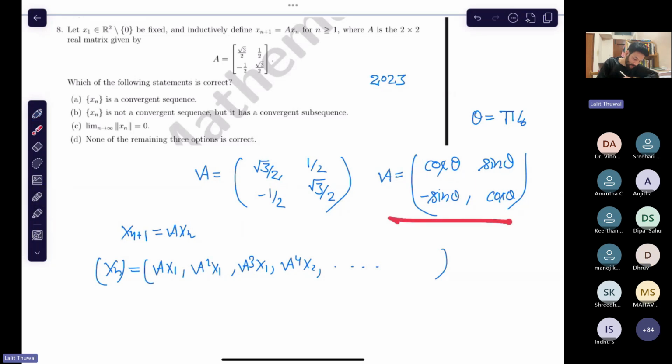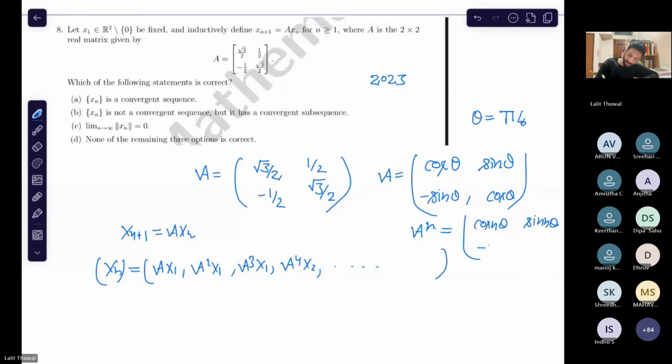I'm sure you have seen this. So A to the power n is what? A to the power n is cos n theta, sin n theta, minus sin n theta, cos n theta.